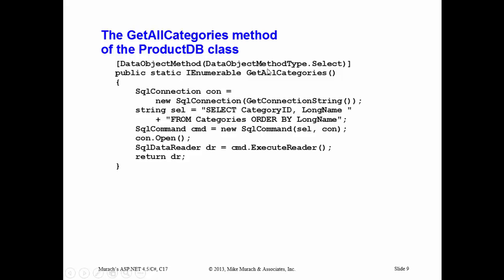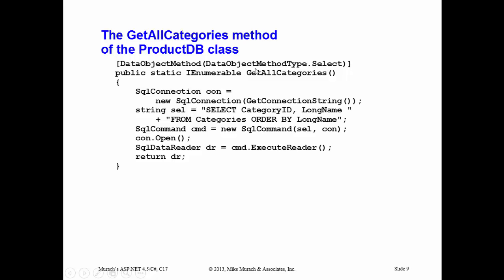Finally, this thing up at the top, we'll talk more about this later, but this is called an attribute in .NET. And the word they use is that it decorates the method. So we're decorating our method here with the data object method attribute. And then that attribute we can pass parameters. In this example, we're passing the select data object method type. So data object method type is what they call an enumeration, and basically it's just a list of values. If I were in my code and I hit dot, I would see select, insert, update, delete.